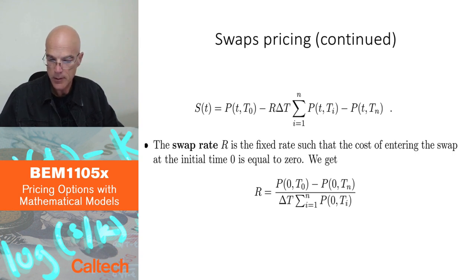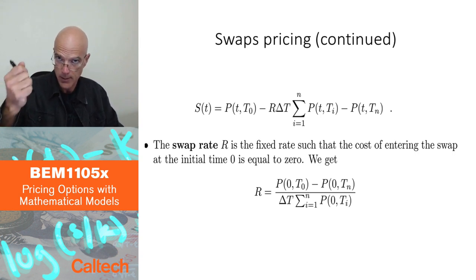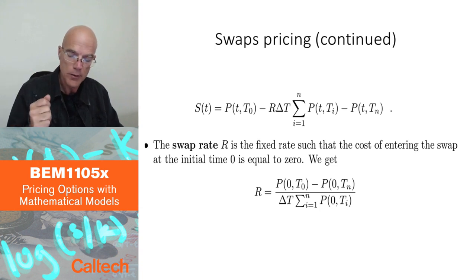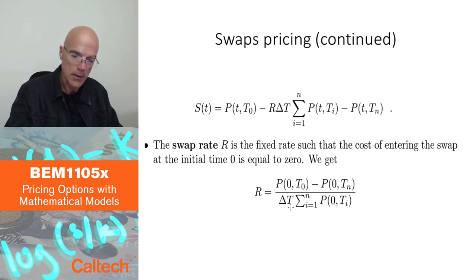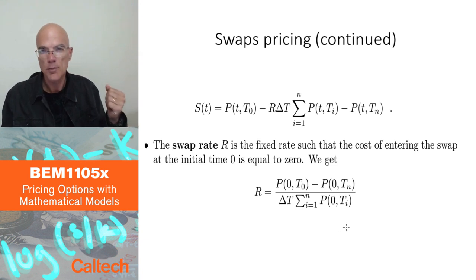It's really finding the fixed rate. So this would be the benchmark way to, if you go and enter a swap with a counterparty and you are long the swap, they would use something like this, at least in the simplest model, to tell you how much you would have to pay as a fixed rate in order for them to pay you, say, the LIBOR rate.